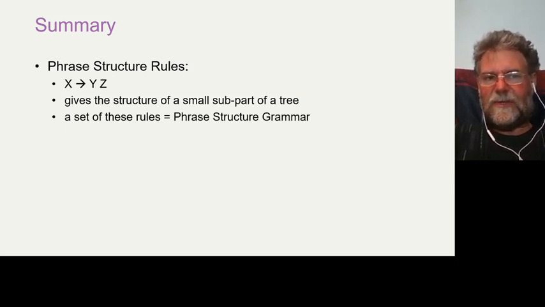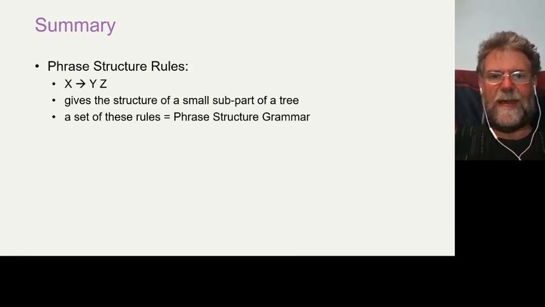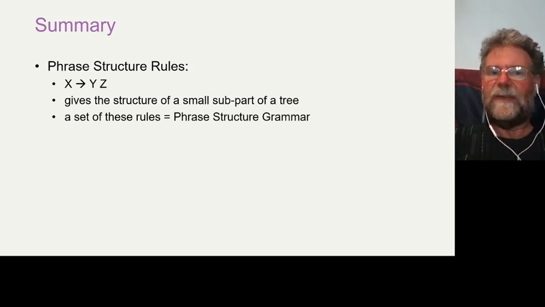Now, obviously, such a rule gives the structure of a small part, a sub-tree, as it were, of a whole syntactic structure, and obviously we need other rules to tell us what the rest of it looks like. Once we've got a set of rules which will tell us all of the parts of all of the structures of a language, then we have a phrase structure grammar.